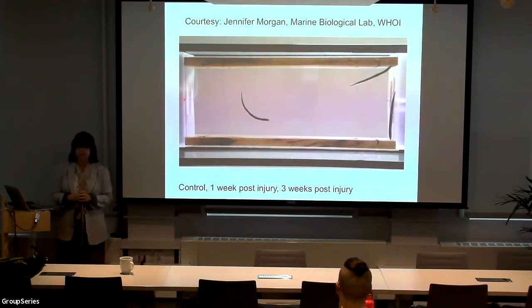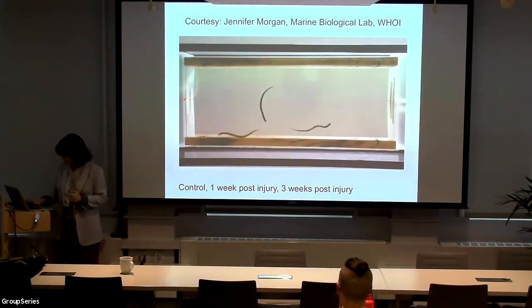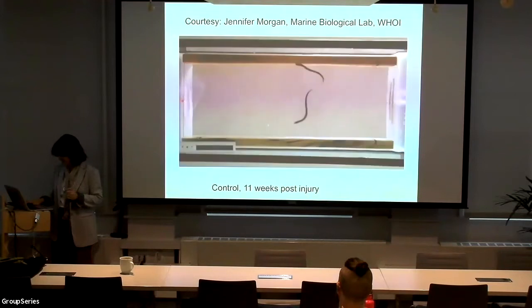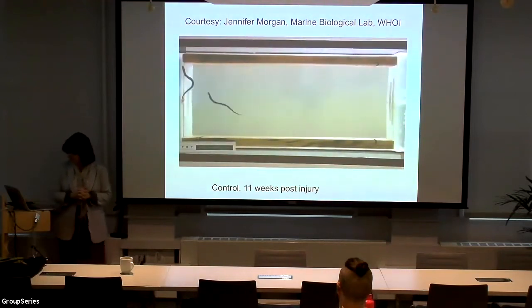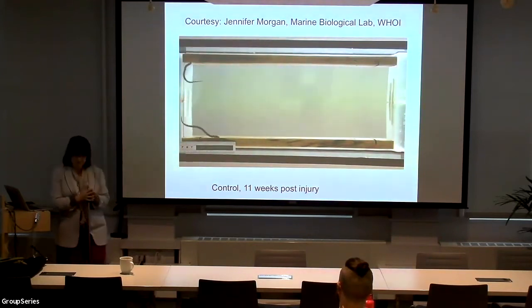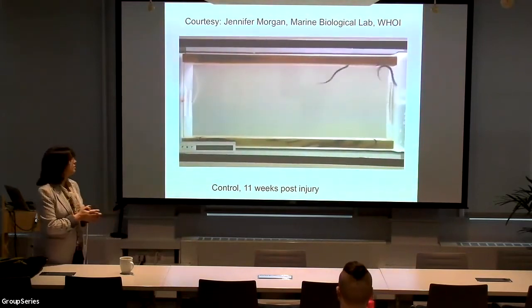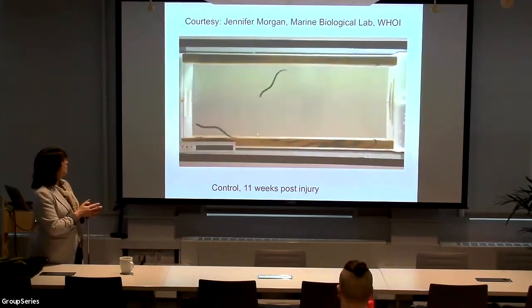Does the spinal column heal in these creatures? It does, yeah. Here's the control and 11-week post-injury. So there's regeneration here. So there's a whole bunch of questions and what we think modeling could do.